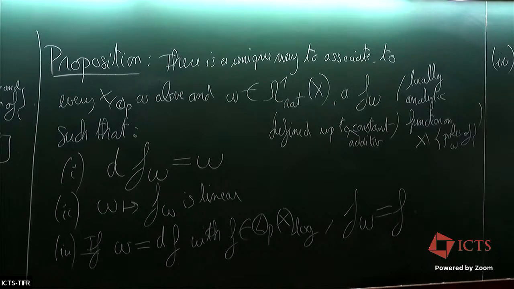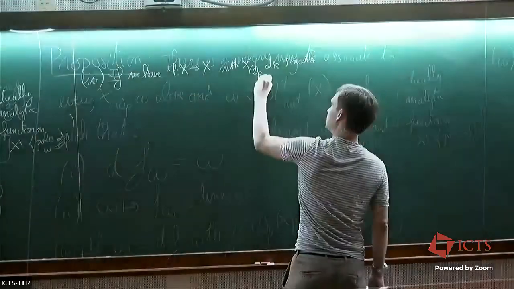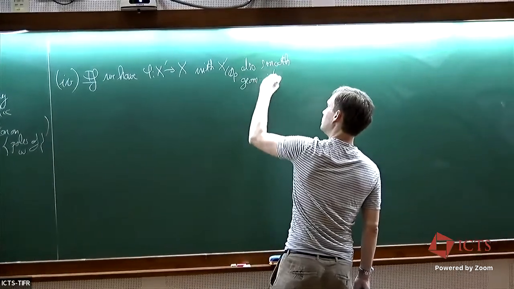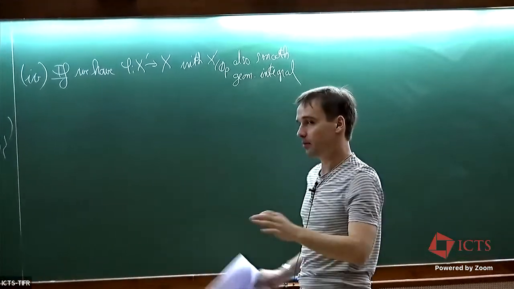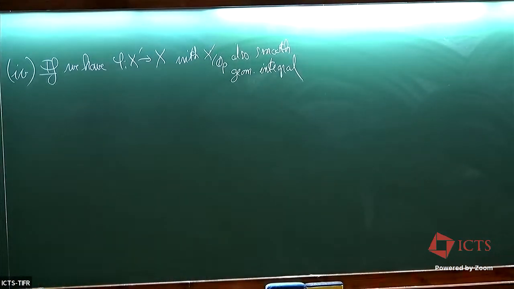And finally, a condition of consistency when I change the variety. If we have phi from x prime to x, with x prime over Q_p also smooth and geometrically integral, so same thing for x prime, well, I can pull back the forms and I can pull back the primitives, and I want them to be the same.